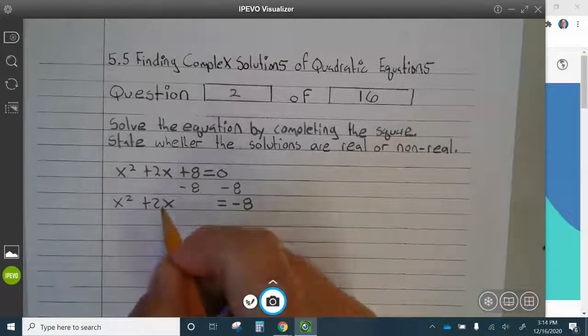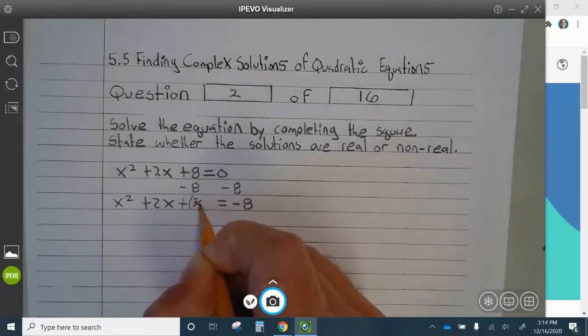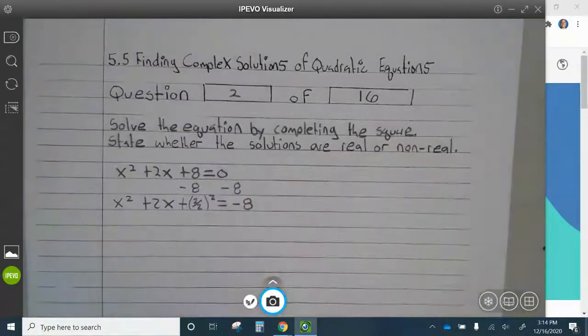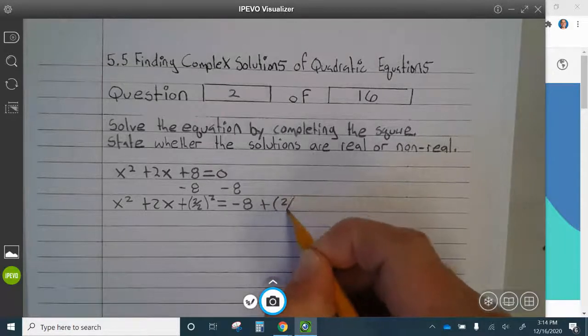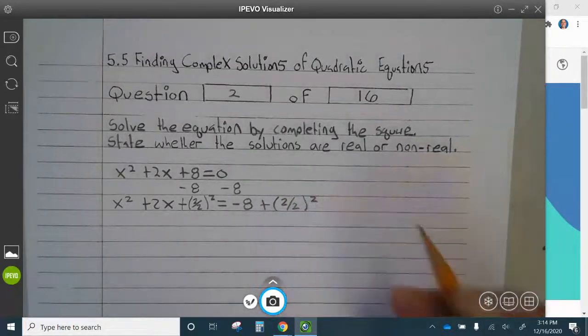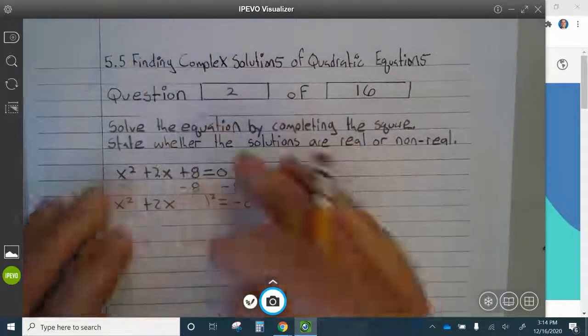Okay, we're going to complete the square, so we're going to add (2 divided by 2) squared. But what you add to one side, you have to add to the other. So plus (2 divided by 2) squared. And that might be hard to read, so let me rewrite that.